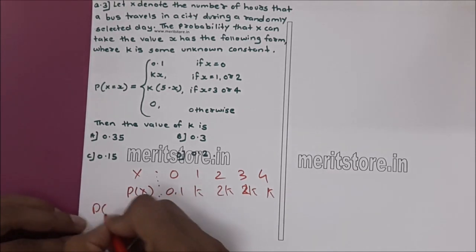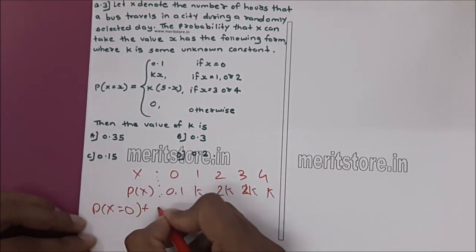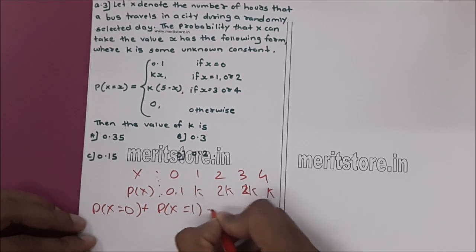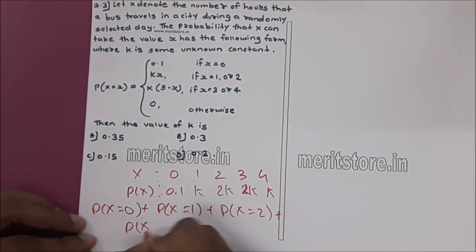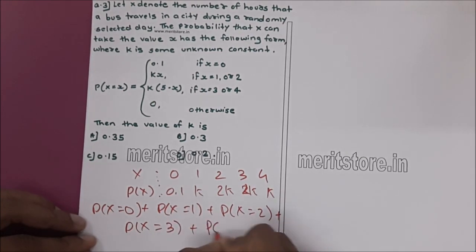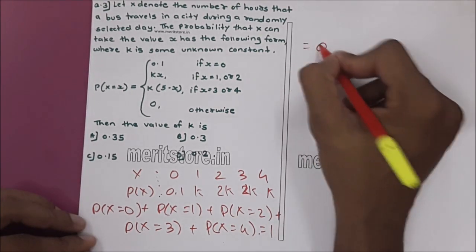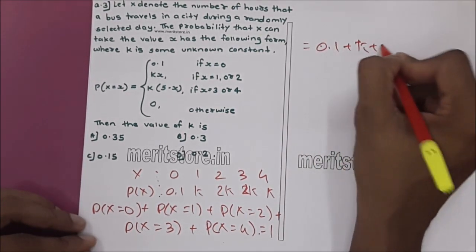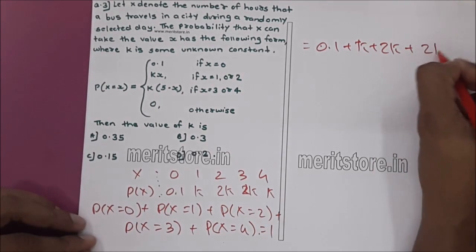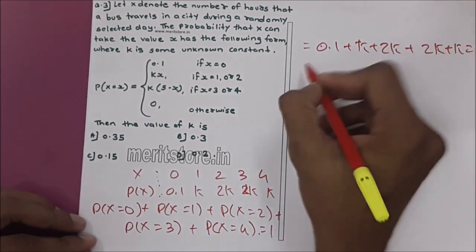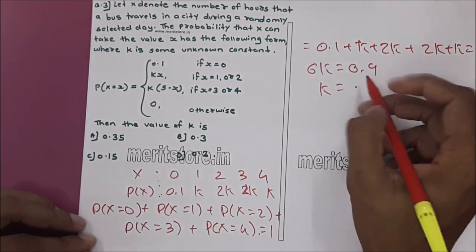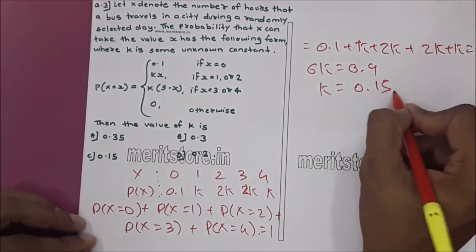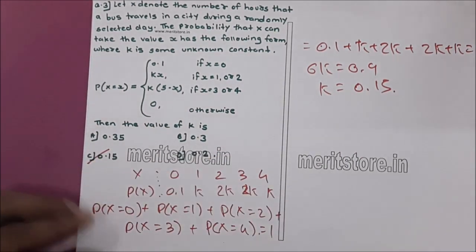So we substitute the values: 0.1 plus k plus 2k plus 2k plus k is equal to 1. 6k is equal to 0.9. k is equal to 0.15, which is option C. Option C is the correct answer.